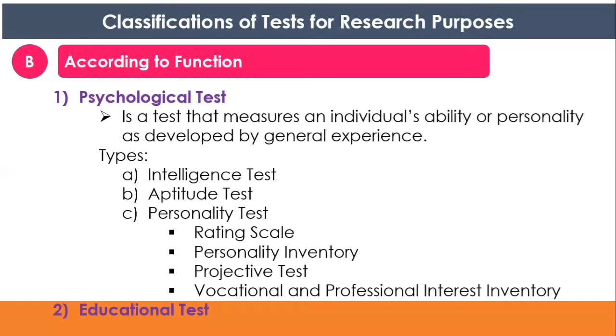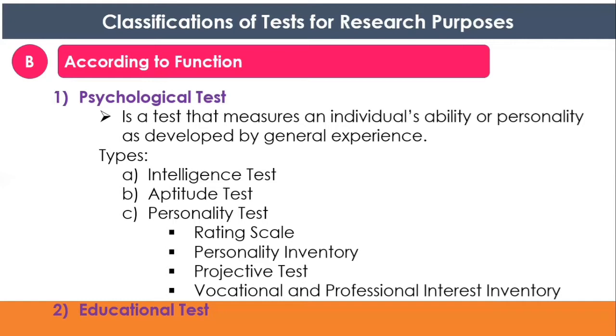So psychological tests are standardized, and the types of psychological tests are intelligence tests, aptitude tests, and personality tests as well. Under personality tests, we have rating scale, personality inventory, projective test, and vocational and professional interest inventory.